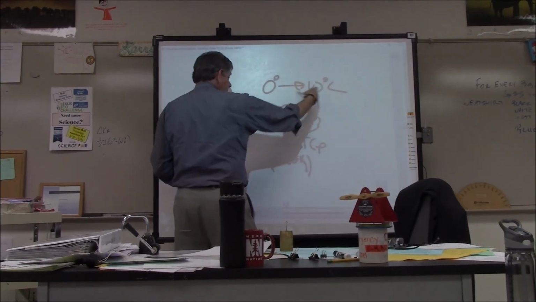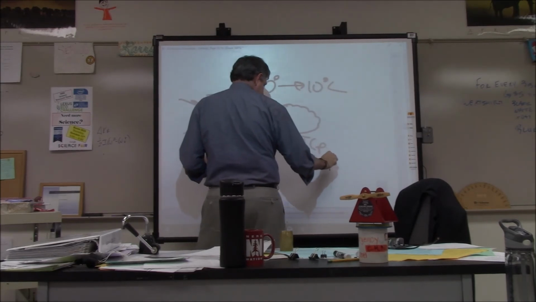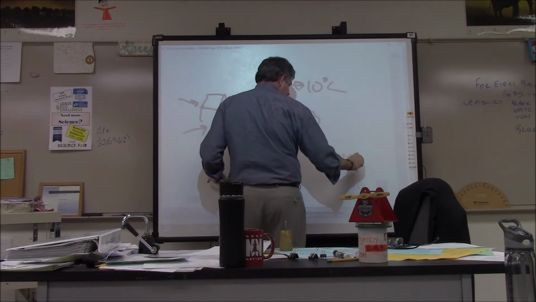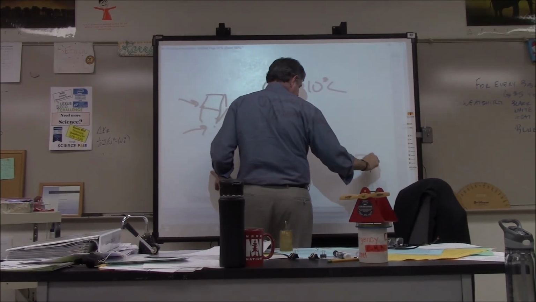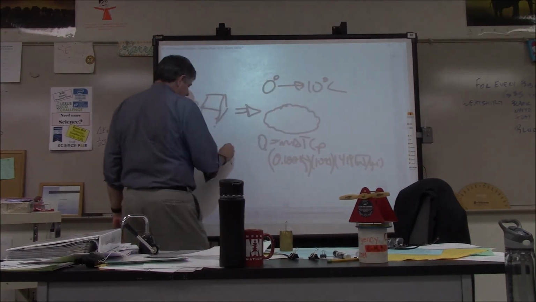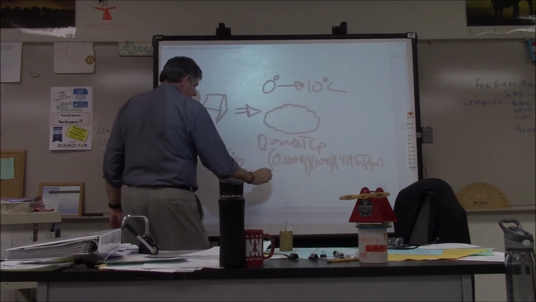Now I'm going from 0 up to 10, so I've still got 10 degrees. But now I'm going to use the specific heat of water, which is 4,186 joules per kilogram degree Celsius. The units cancel out, and I get 4,186 joules. That's crazy.